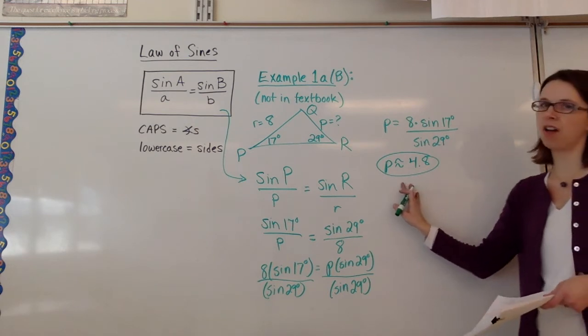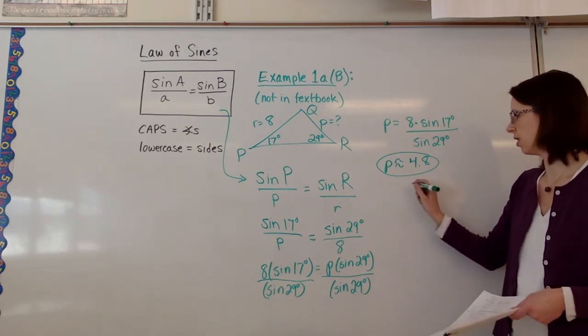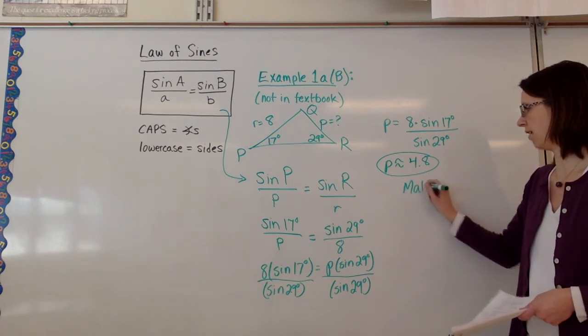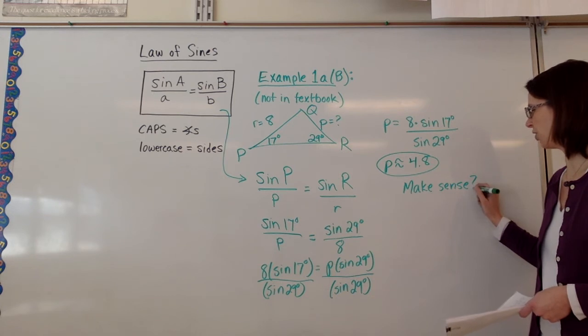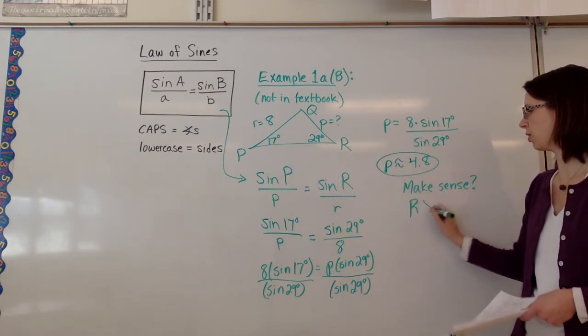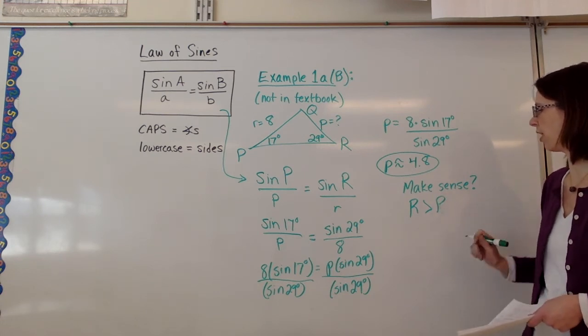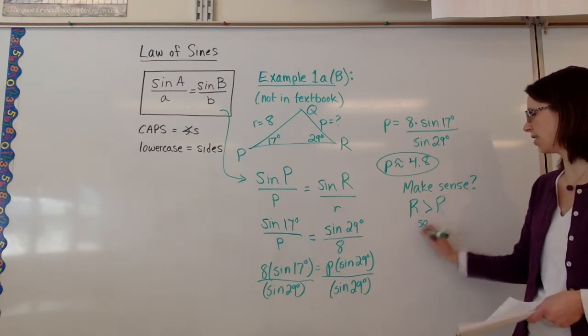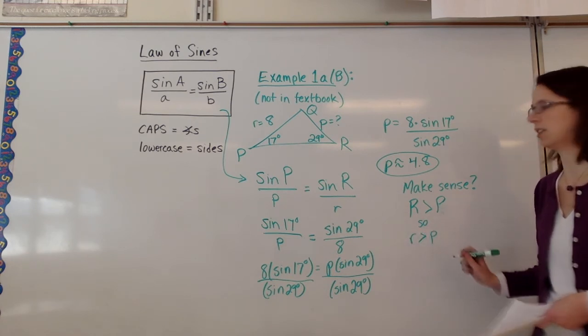And I can only have confidence in this answer if I've answered the question, does this make sense? So we'll go through that process again. And we'll relate it back to the angles in the diagram. In this case, angle R was greater than angle P. And so that means that side R should be greater than side little p.